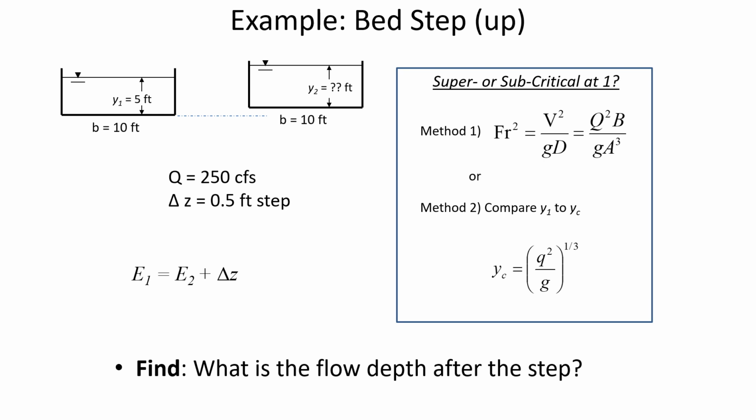It's going to be that flow per unit width of 25 feet squared per second, squared, divided by g, 32.2 feet per second squared, and then all of that to the 1/3 power. If you calculate the critical depth, if you've got your calculator handy, I think you'll find that it's 2.69 feet.